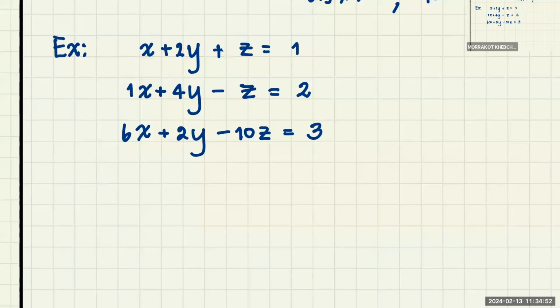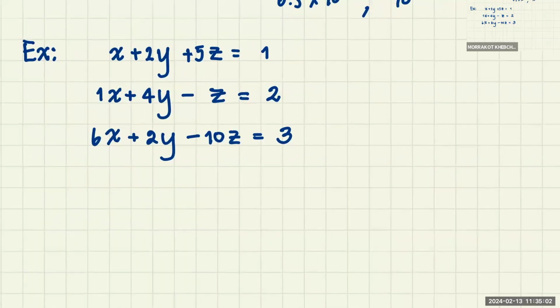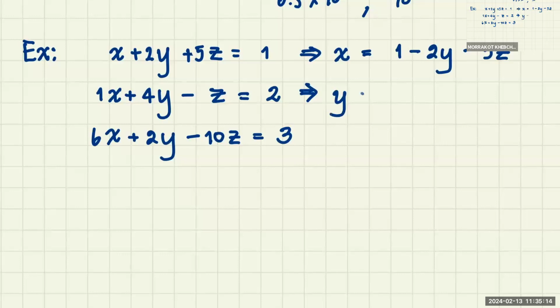Maybe I'm going to change it to 5. Suppose I have this. I start with x and solve the first equation: x equals 1 minus 2y minus 5z. The second equation, I get y equal to 2 minus x minus 4z, divided by negative 1.